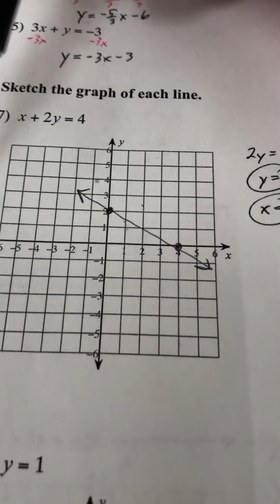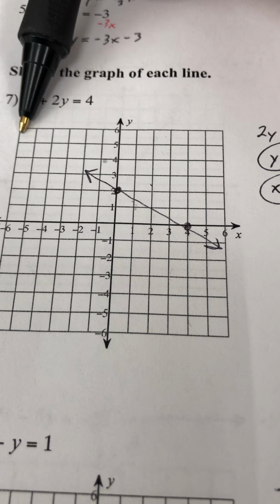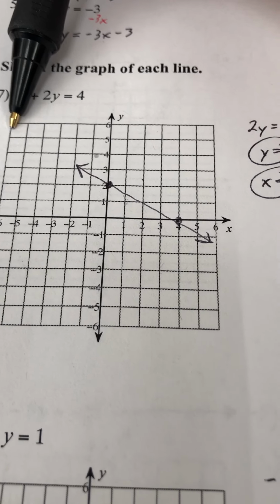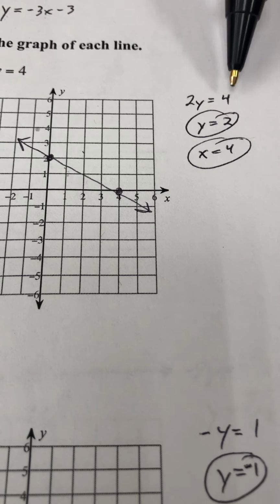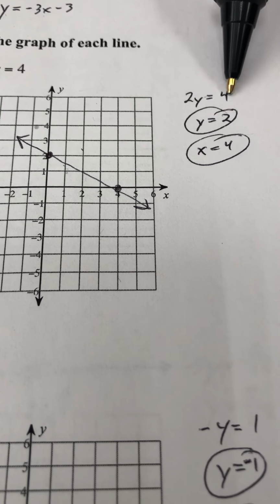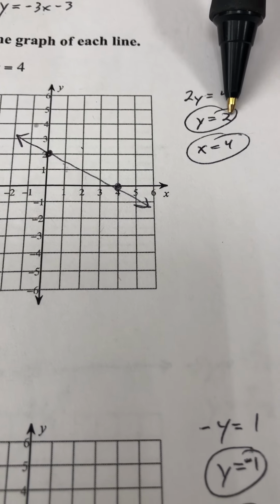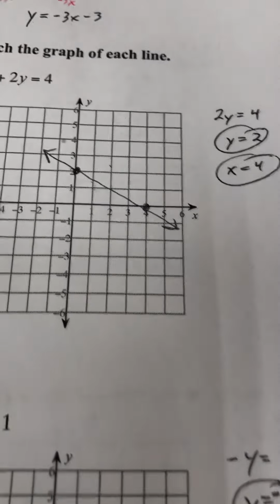How I do that is, first of all, I set x to 0, and I end up with a positive 2y equals 4. That's why I wrote it over here, 2y equals 4. Now I'm just going to solve for y. When x is 0, y equals 2, because 4 divided by 2 is 2. That's just me doing some algebra, getting y by itself on one side of the equation.